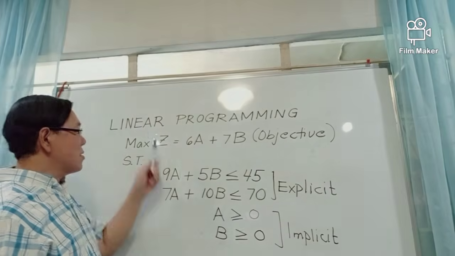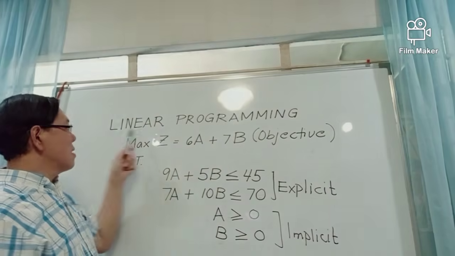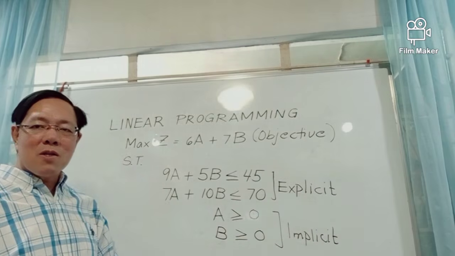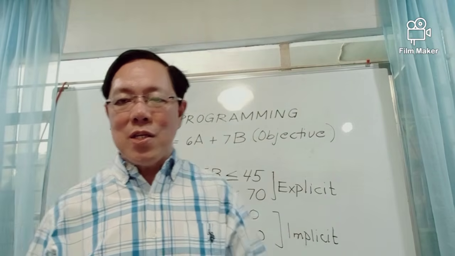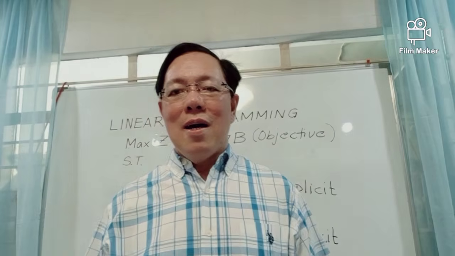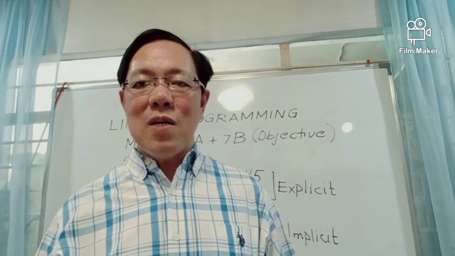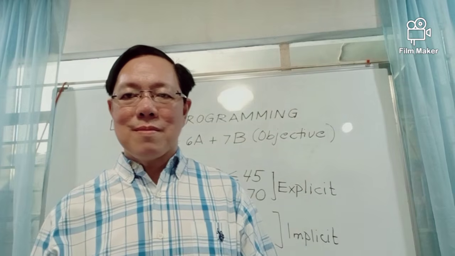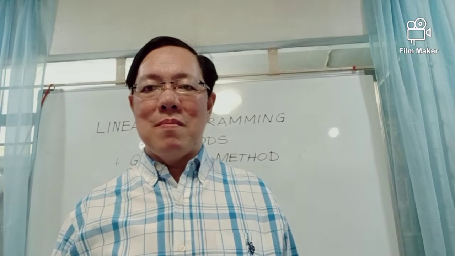This topic is known as linear programming because all the equations, functions, and inequalities involved in a linear program are linear equations, linear function, or linear inequality. There are two methods for solving a linear programming problem.